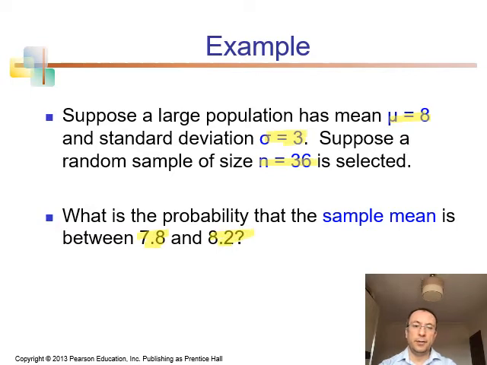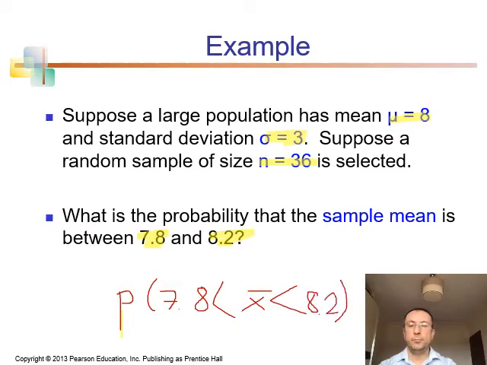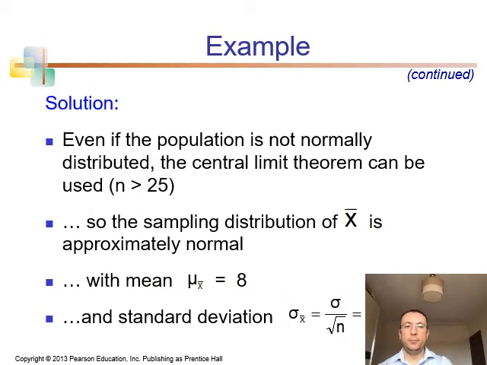So if we write this in notation, we are looking for the probability that 7.8 is less than the sample mean, that's x bar, which is less than 8.2. So this is what we are looking for, and here's the answer.